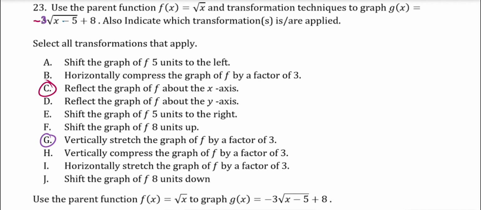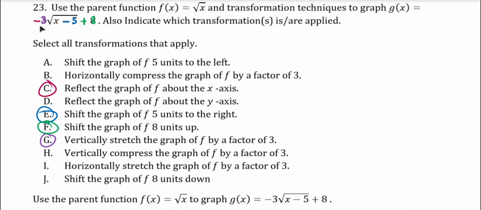Now on the inside of the function, we have a -5. A -5 on the inside is going to indicate that we are going 5 units to the right. And likewise on the outside, we have a +8, which indicates that we have shifted the graph 8 units up. These are the 4 transformations we wish to apply.